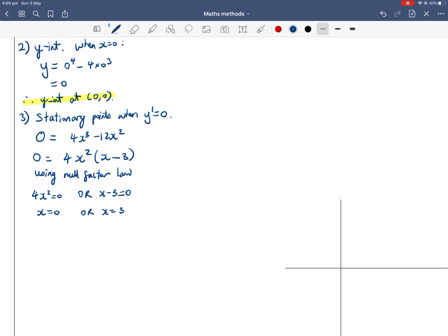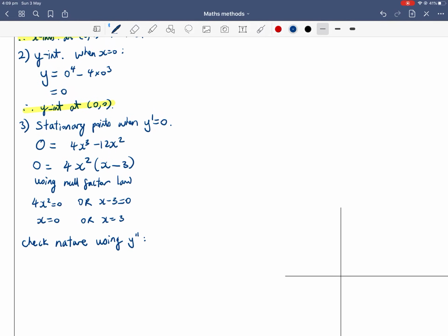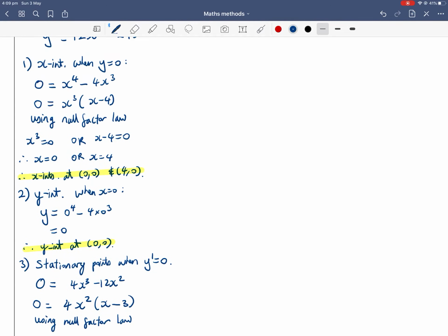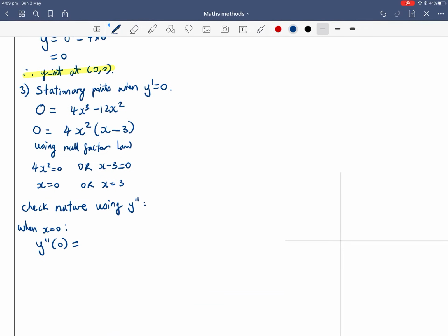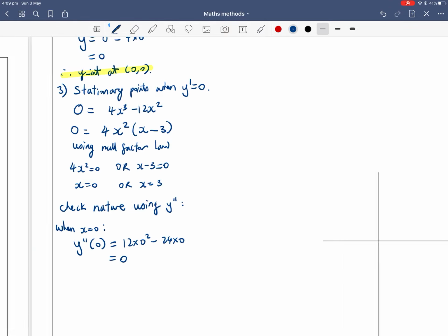We need to check the nature using y dash dash, my double derivative. So when x equals 0, my double derivative, 12x squared minus 24x, is equal to 12 times 0 squared minus 24 times 0, which is 0.